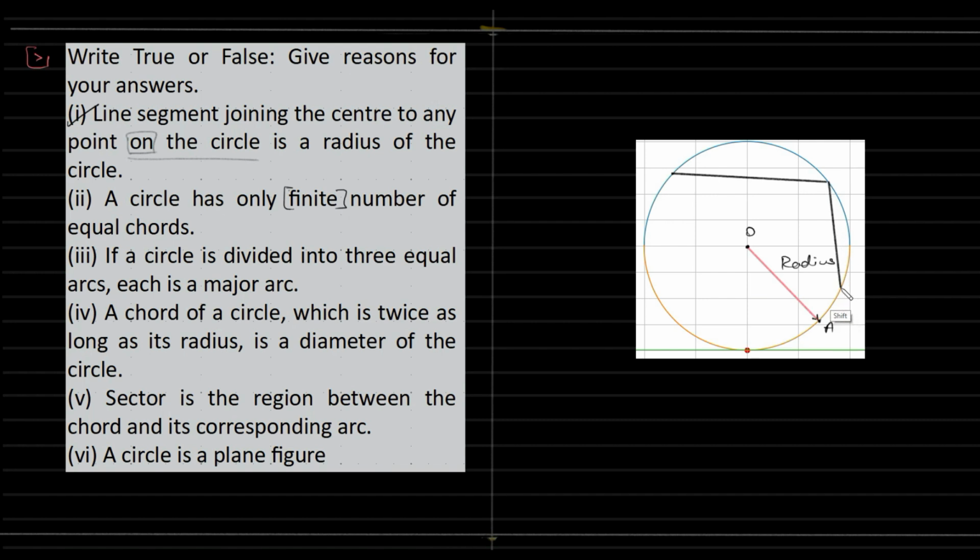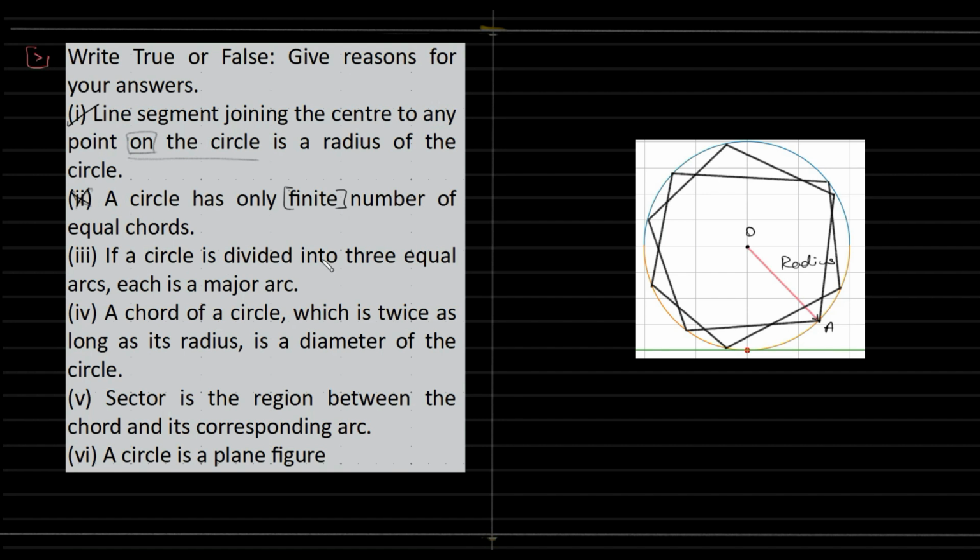I can draw infinite. So this is first, like for example, and I can do 5 more, and I can keep doing this. So there are infinite number of possibilities. So this is false.